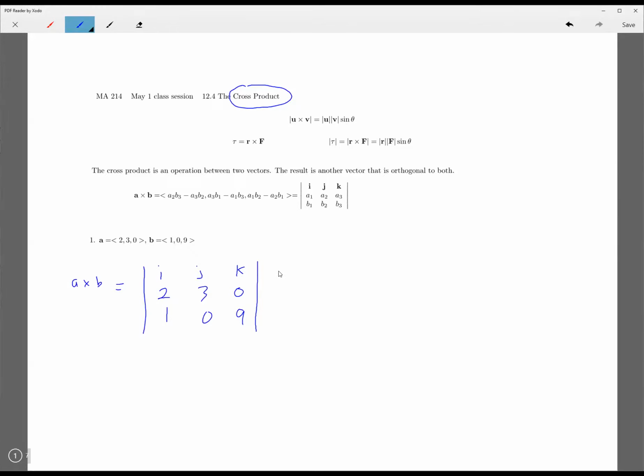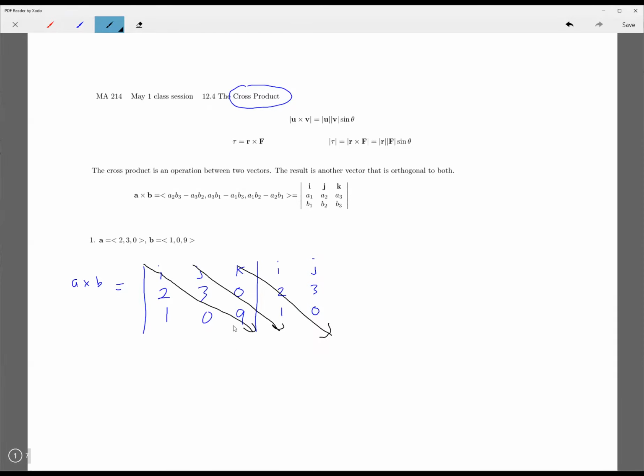When I do a 3x3 determinant, I usually copy down the first two columns over here. Are you guys familiar with this? I've seen it, but totally forgot how to do it. Yeah, okay, so there's this, and this.